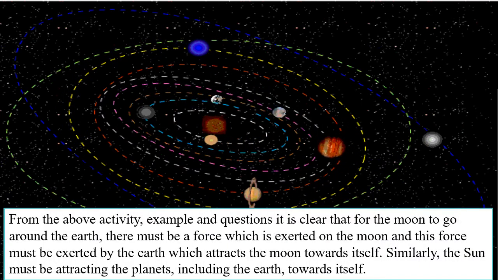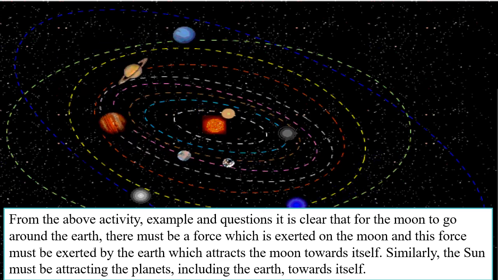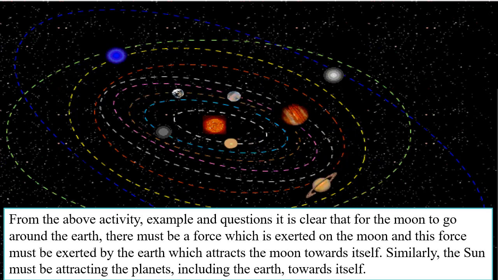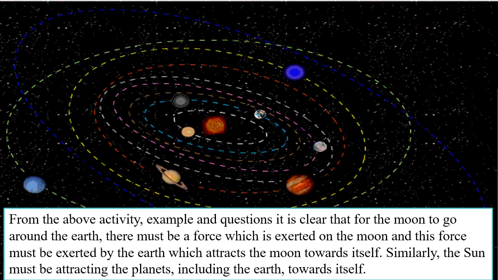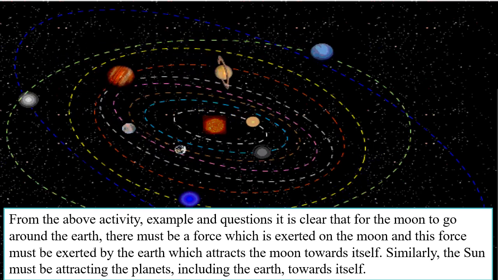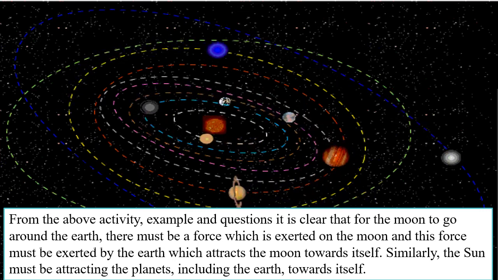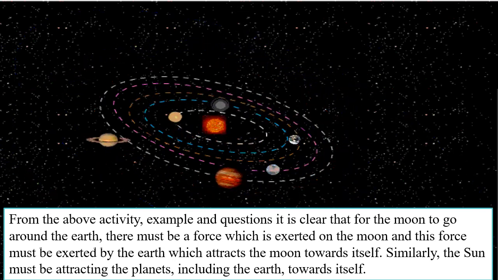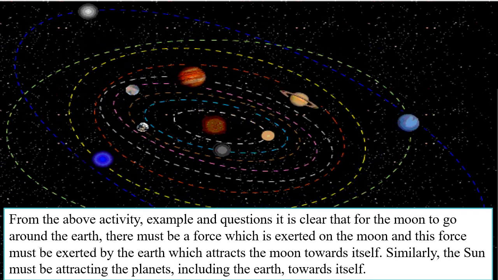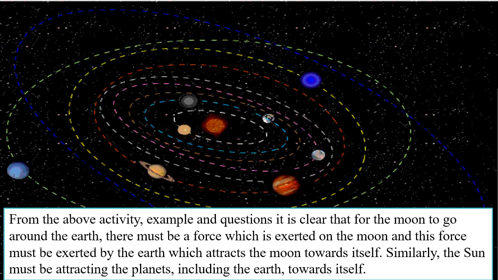This picture is very interesting and you can see clearly that along with the moon, the other planets in the solar system are also moving in a particular direction. Why? Because of the gravitational force present in the sun, and this centripetal force is helping them move in a particular circular orbit.